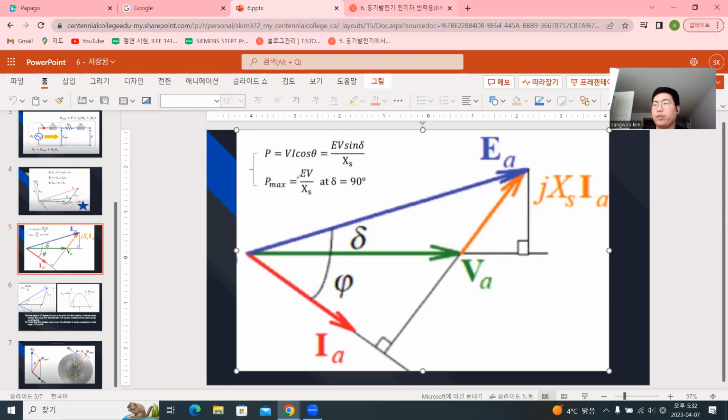On the whiteboard, as I said, to make the voltage equation we first need to draw the equivalent circuit.